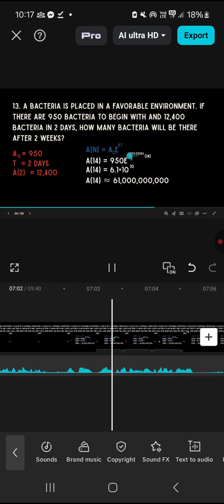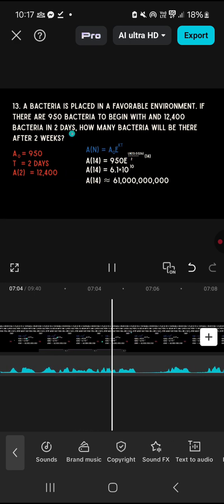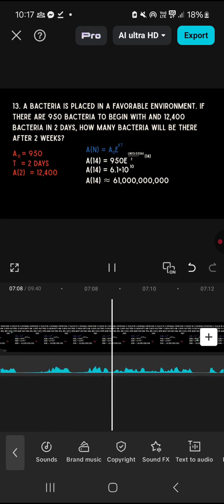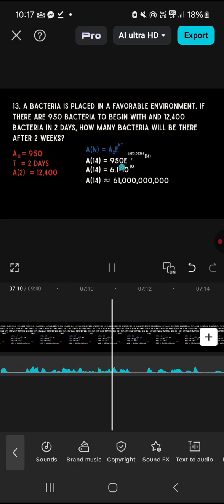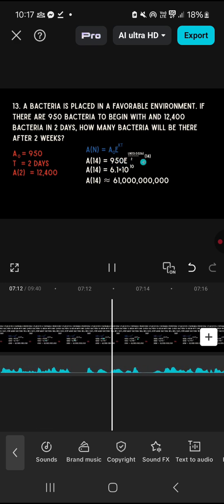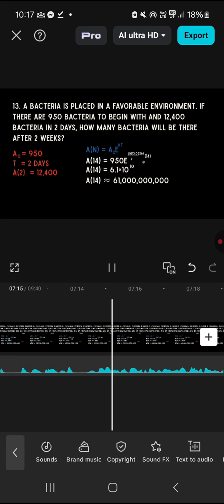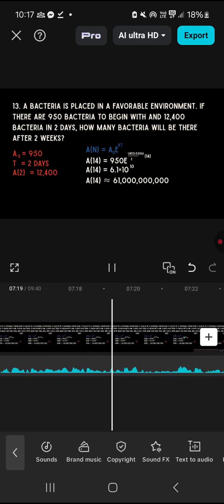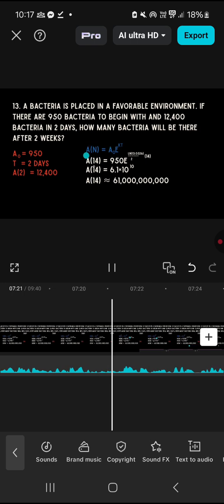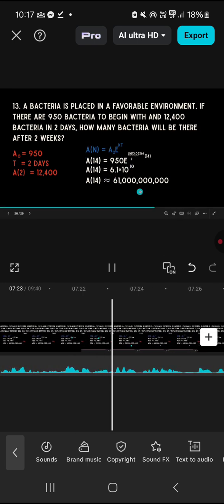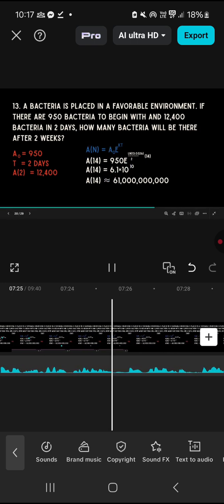So we use the growth formula again, but this time with our rate. So our A sub 14, we're looking for our A sub 14 because that's the number of days after 2 weeks. So 950 multiplied by Euler's number raised to ln of 13.0526 over 2 multiplied by 14.